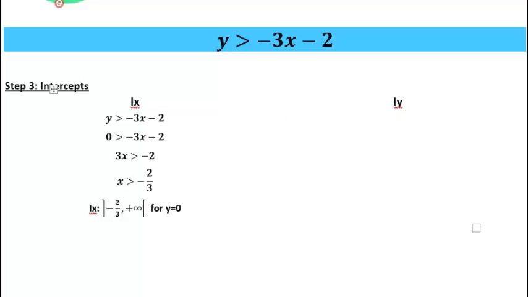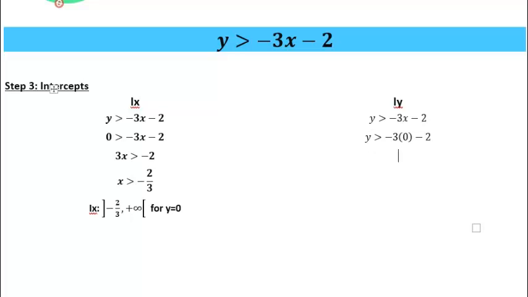I'm going to do the same thing with the y-intercept. So I'm going to copy the equation, which is y greater than negative 3x minus 2. In this case, the other letter is x, because I'm talking about the y-intercept. Then the x is going to be 0, and you're supposed to find y. So I'm going to leave y, and instead of x, I'm going to put 0.